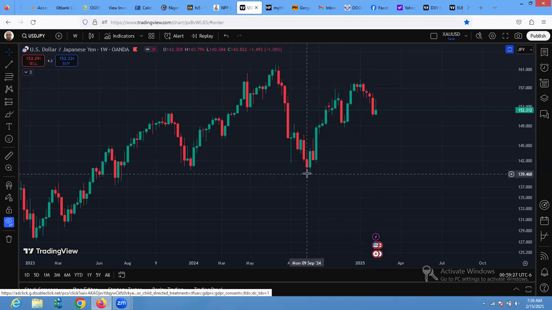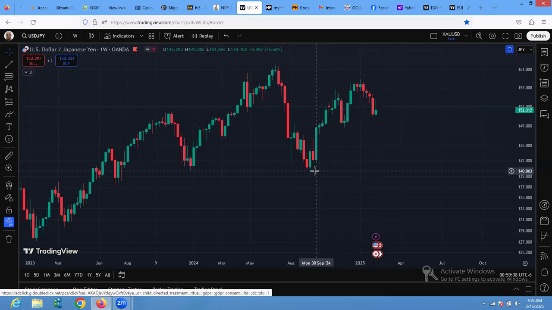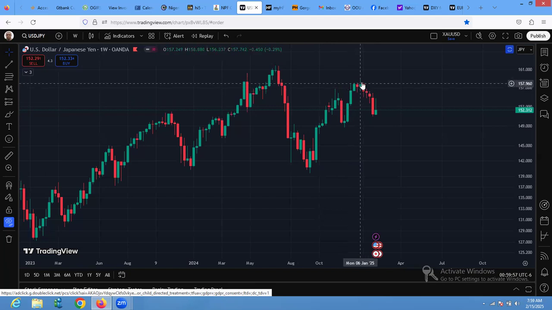So this may just be a 1, 2, 3, 4, 5 to complete this. This may be an A, B, C wave for a further upside. And if it's going to give us this scenario of a 1, 2, 3, 4, 5, it means that this is the last wave, because clearly there's a falling wedge here, and that this is going to be the first wave.